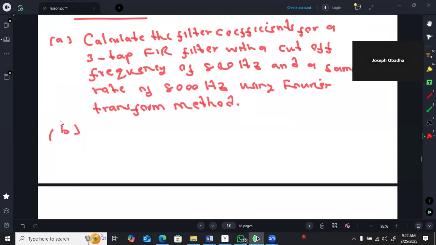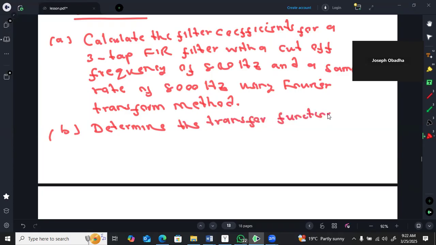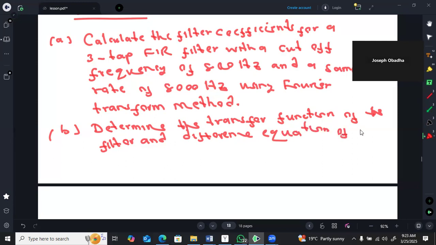Then part B, we have to determine the transfer function of the filter and the difference equation of the designed FIR filter.